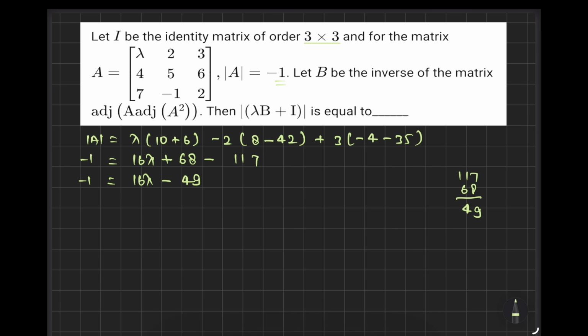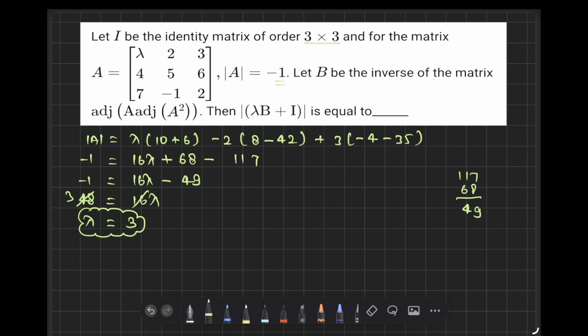This 49 will go this side, it will become plus 49. So 48 equals 16 lambda, so lambda becomes 3. So we got our value of lambda. Correct? Now let's move on to the next part.